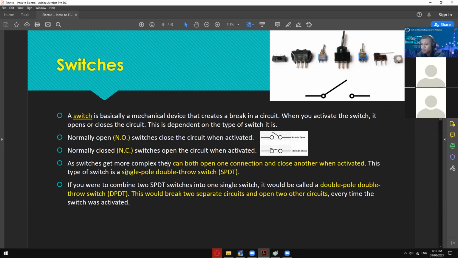Okay. So we also have this SPDT or the single pole double throw switch, wherein it can open one connection and close another when activated. So it looks like this, it has three terminals. If it's on the right side, this will be connected, so it can connect two devices. And then if it's on the left side, it will deactivate the other two, and then it will activate another two.